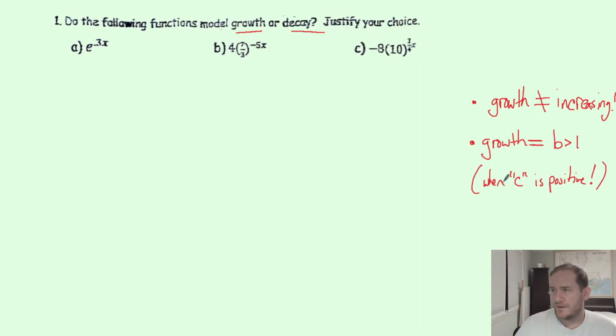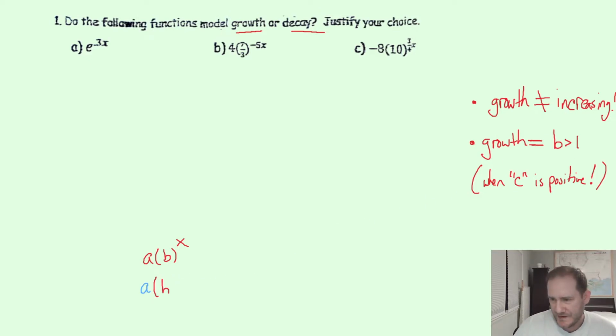Exclamation point. So where is that relevant? That's relevant here. This is our C value. In case you forgot, our exponentials are a times b to the x. If we're trying to slide our transformations in, I've been talking too much, I guess. But a literally is a, the transformation.